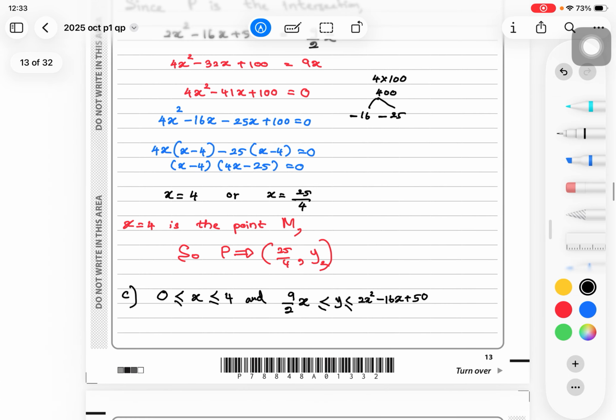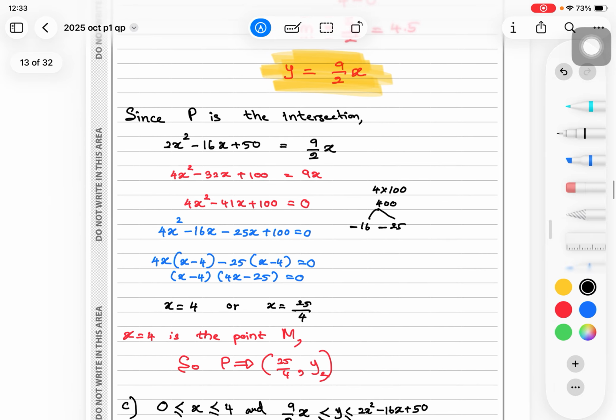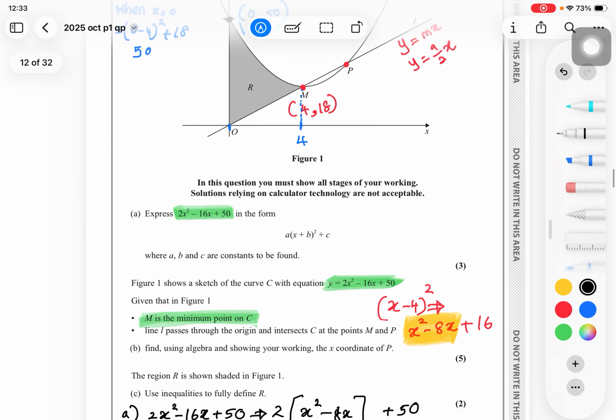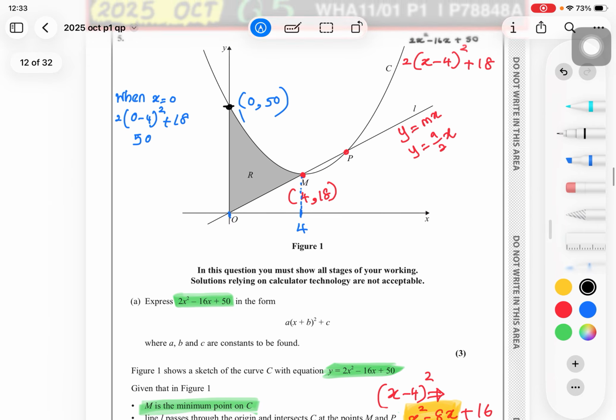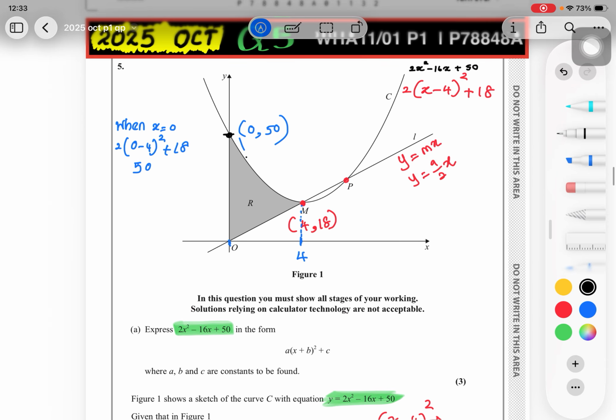This is how we can define the full R region, because how the values come is pretty easy: we can see in this graph the curve is above the straight line.